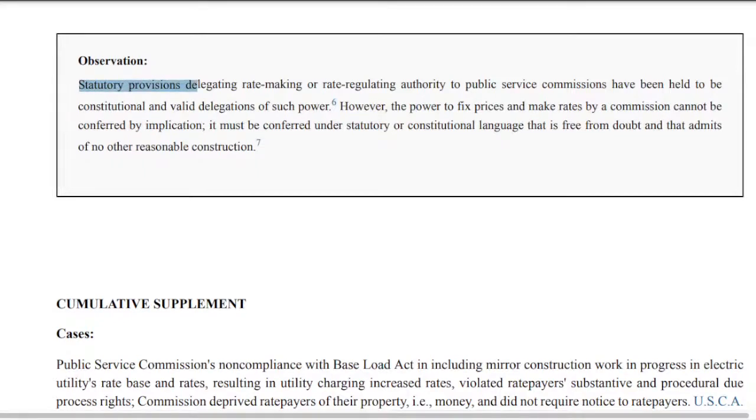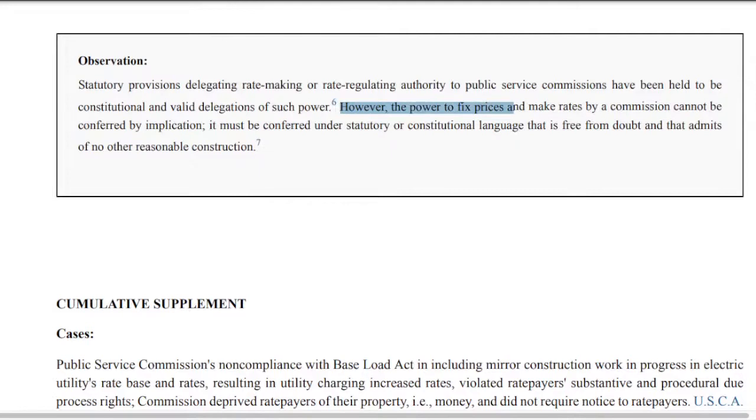Statutory provisions delegating rate making or rate regulating authority to public service commissions have been held to be constitutional and valid delegations of such power. So, again, no one can be making rates or regulating, right, without having approval all the way up from statutory provisions to the Public Service Commission, down to the actual people that are charging the rates.